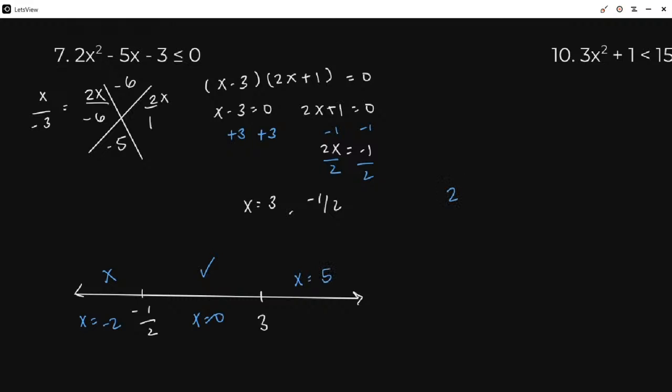So that'll be 2 times 25, because that's what 5 squared is, minus 5 times 5 minus 3 is less than or equal to 0. So that'll be 50 minus 25 minus 3 is less than or equal to 0. And then that would be 22, which means it does not work.